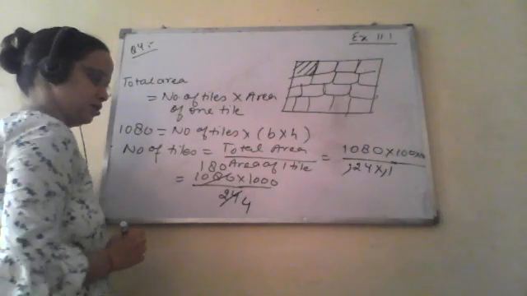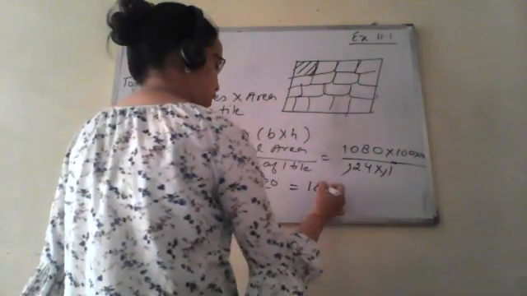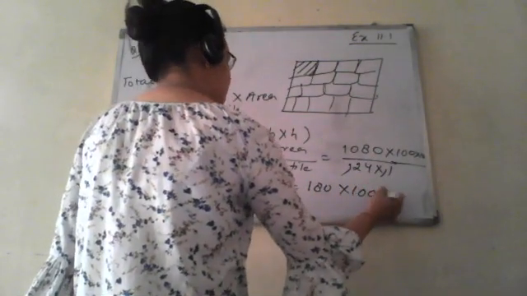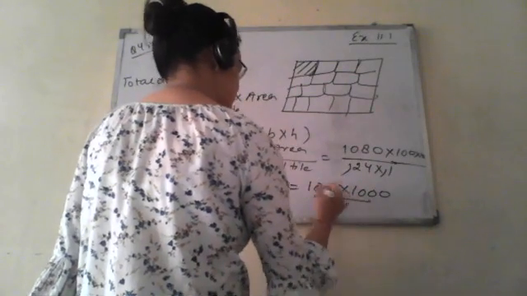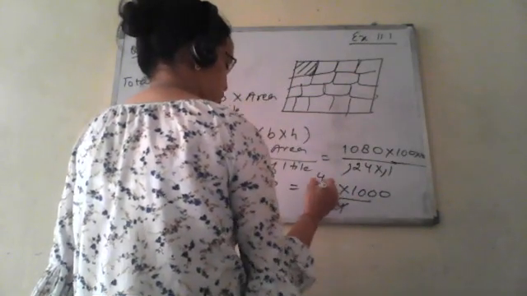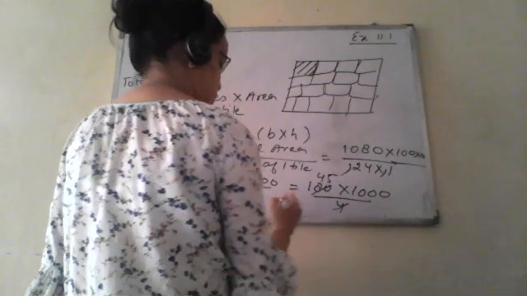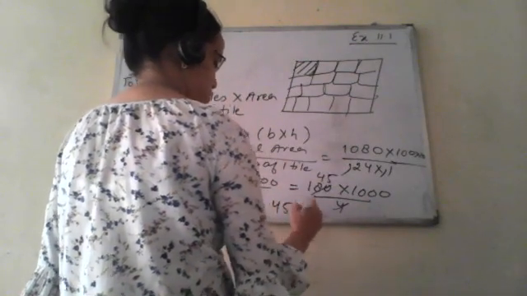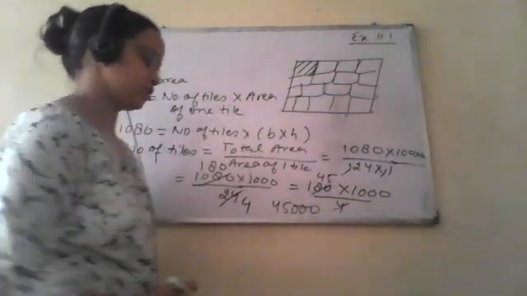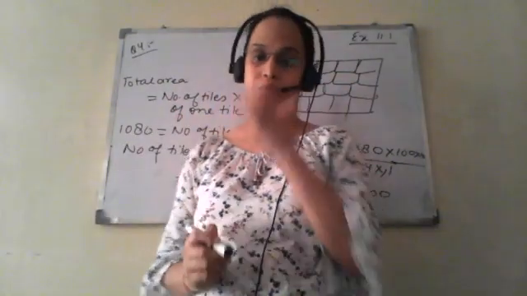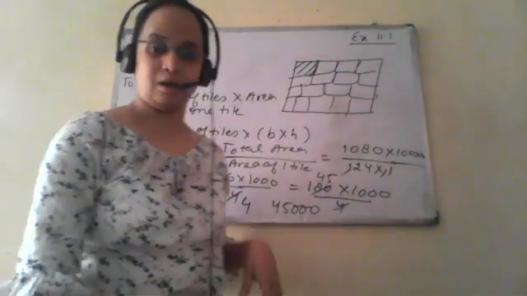Clear? It is 180 into 1000 upon 4, so we get 45,000 tiles. So 45,000 tiles are required to cover this entire area. Clear?